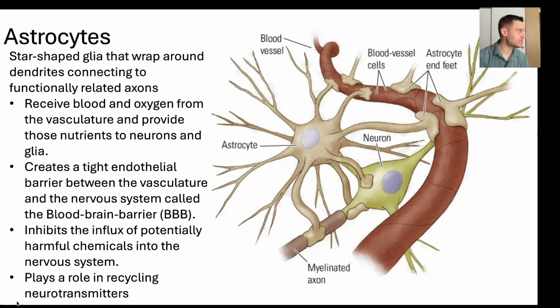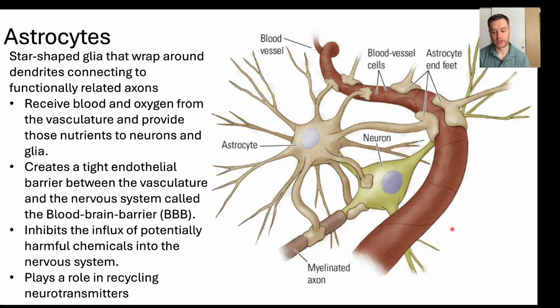So what is it? It is this tight endothelial barrier that is produced by the feet of astrocytes, and it inhibits the influx of potentially harmful chemicals into the nervous system. And we're going to look at that in greater detail momentarily. But you should also know that astrocytes play a role in recycling neurotransmitters.